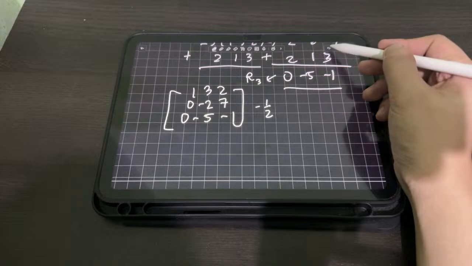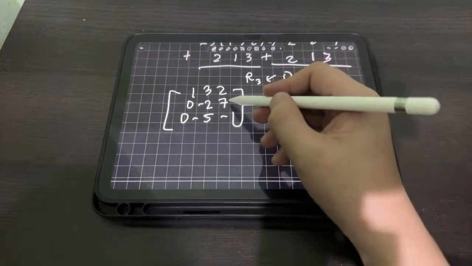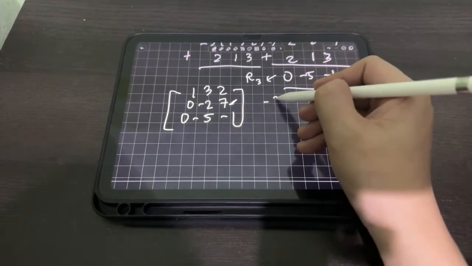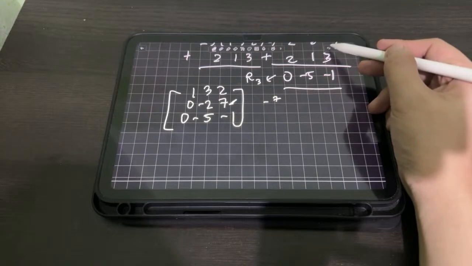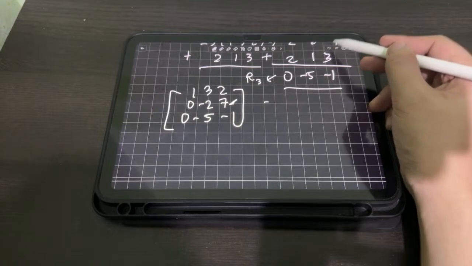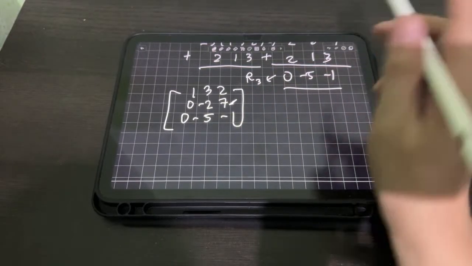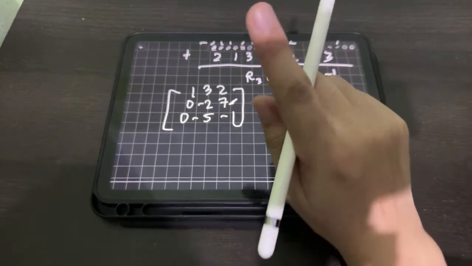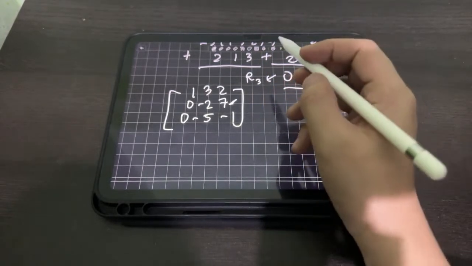But that's possible. But if we do that, there will be complexity in operations of fractions because we will create -7/2 here. So, an alternative way to have this equal to 1 is to create 1 by elementary row operations, adding a multiple of a row to another.